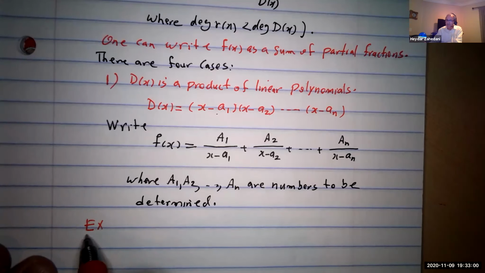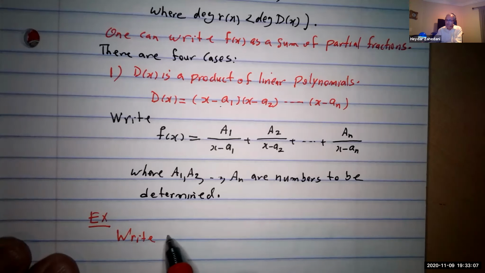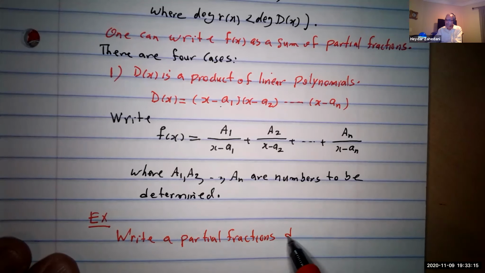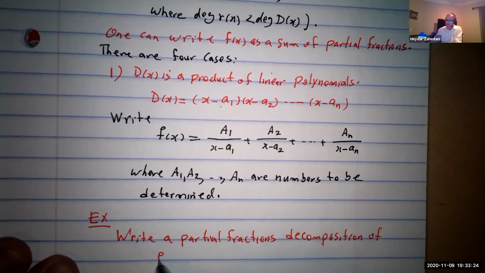Example: we want to write the partial fractions decomposition of this function f of x equal to 3x over x squared minus 4.